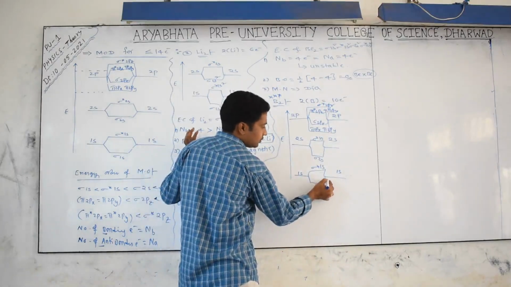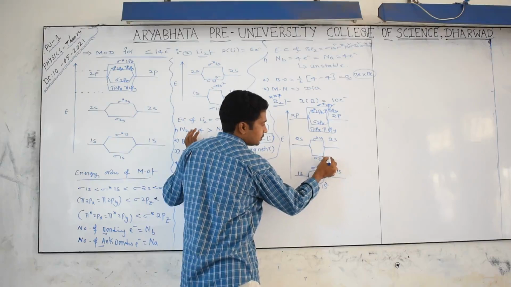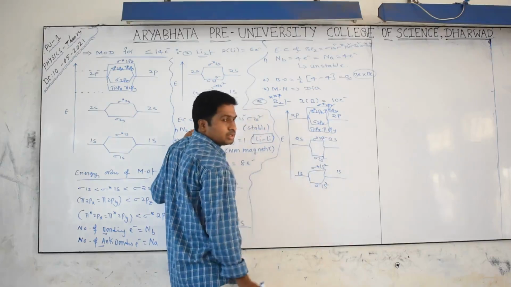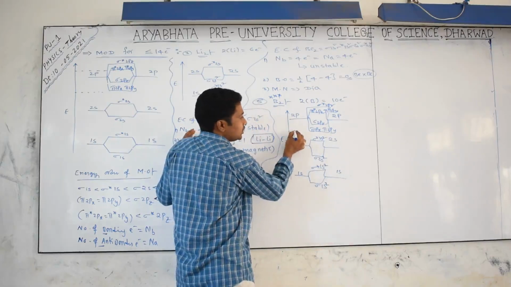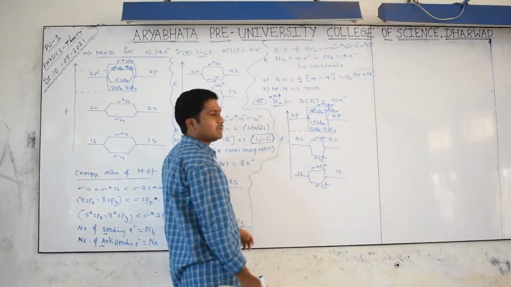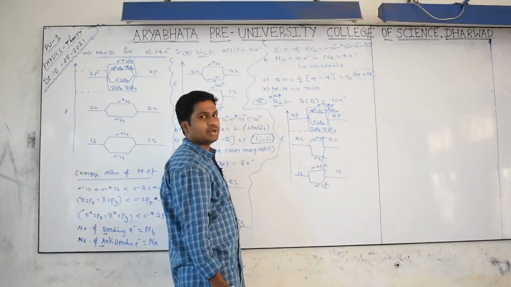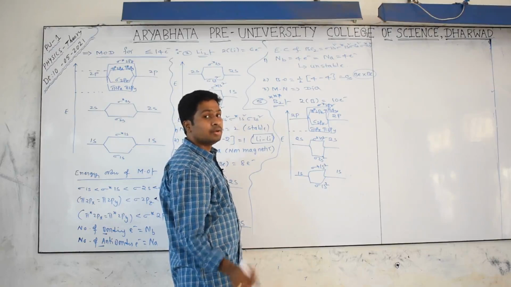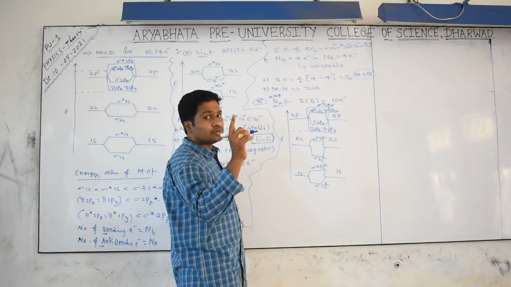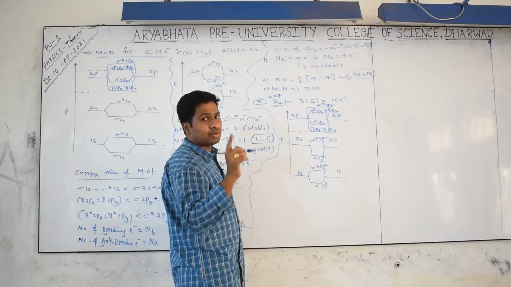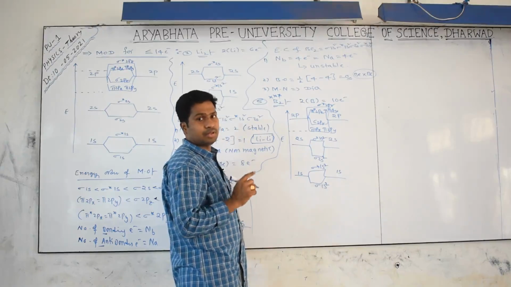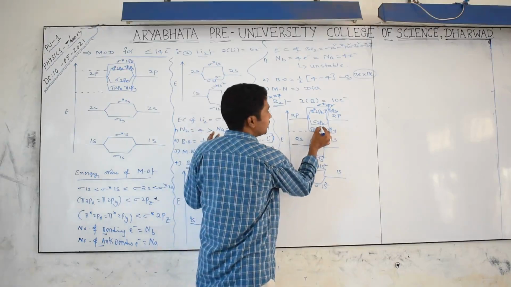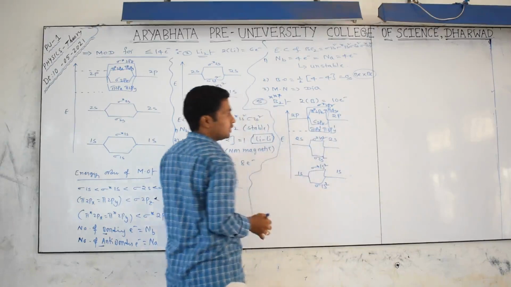First 2 go here, next 4, 6, 8, 2 more are there. But you know very well these two orbitals have the same energy, that's why they are called degenerate orbitals. In the case of degenerate orbitals, according to Hund's rule, we should give 1 electron to each orbital, and only then pairing goes on. That is Hund's rule, also applicable in molecular orbitals. That's why 1 electron goes here, 1 electron goes here.